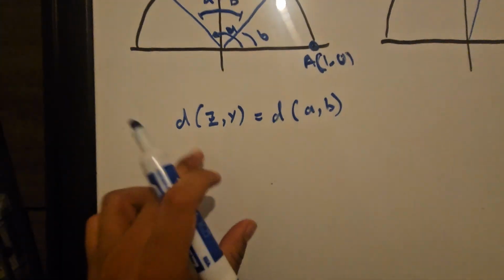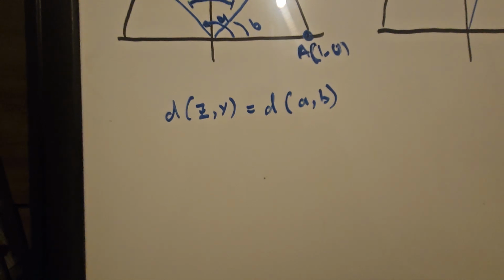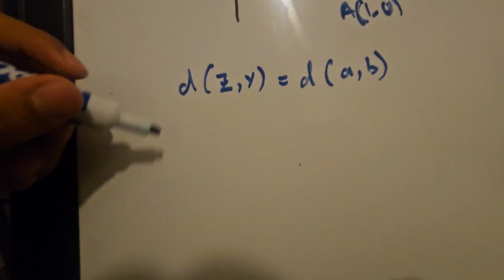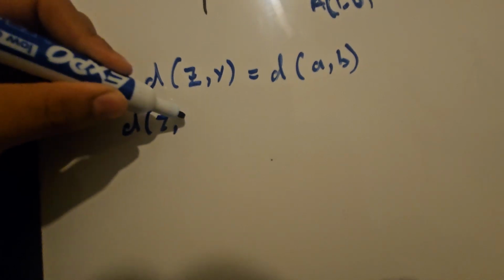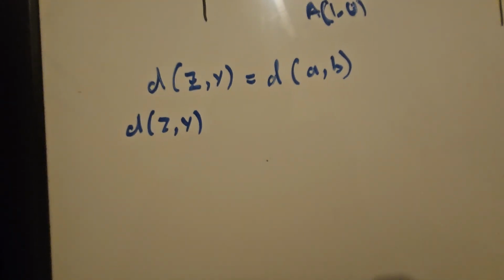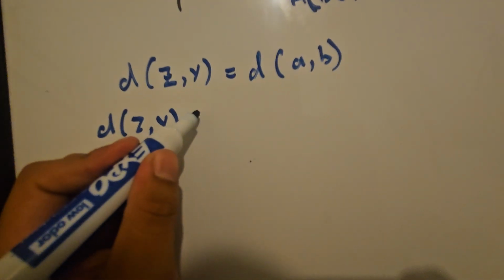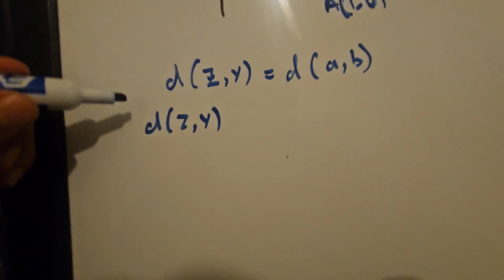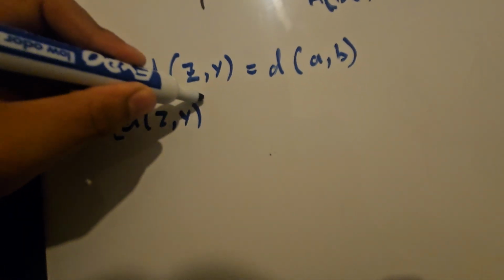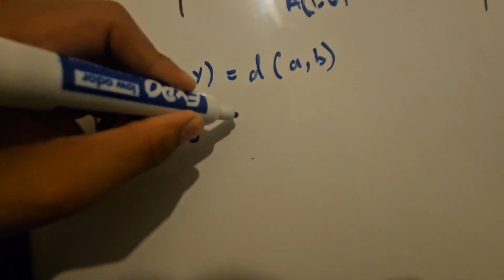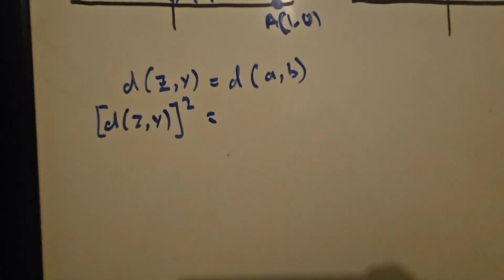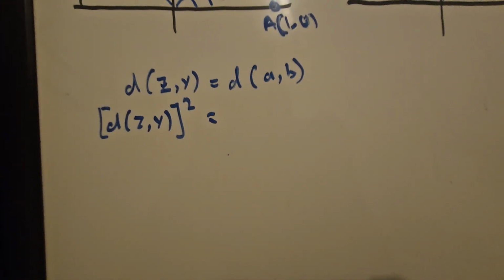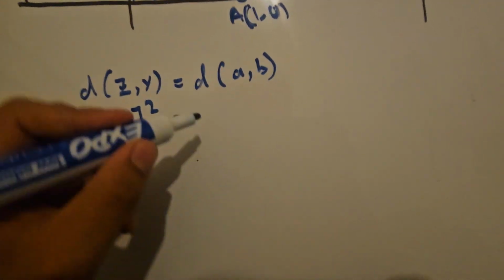So let's start off with the distance between point Z and Y. The distance formula actually has a square root, but we can get rid of the square root by squaring both sides of the formula. So let's square both sides. That way we don't have to put the whole square root. So this is equal to, what is your x value?